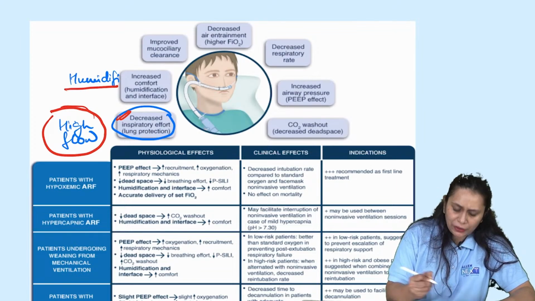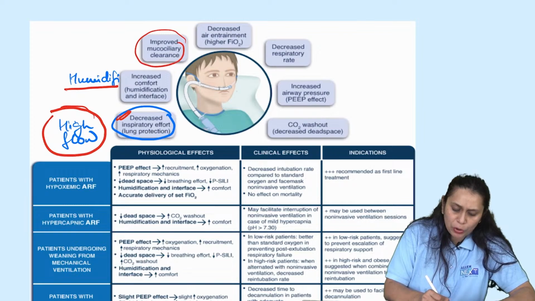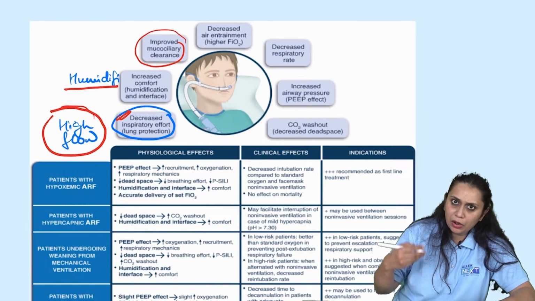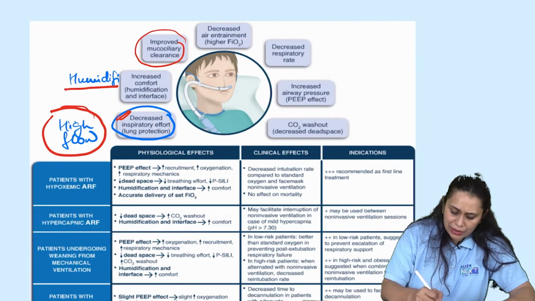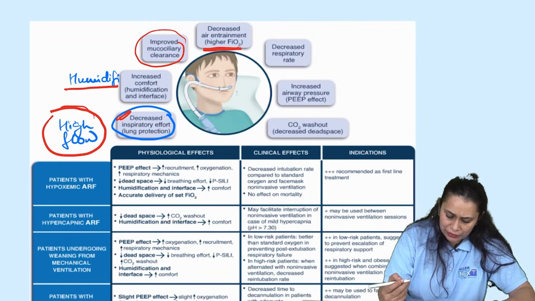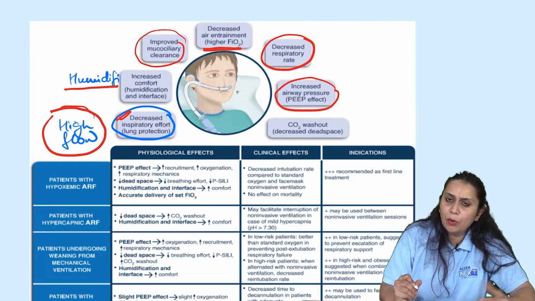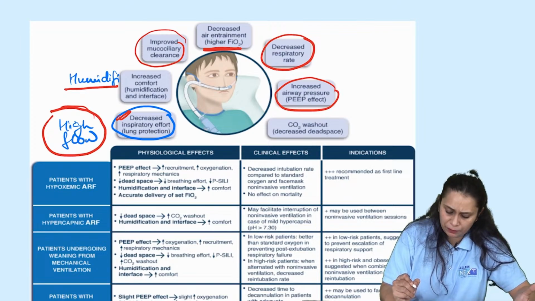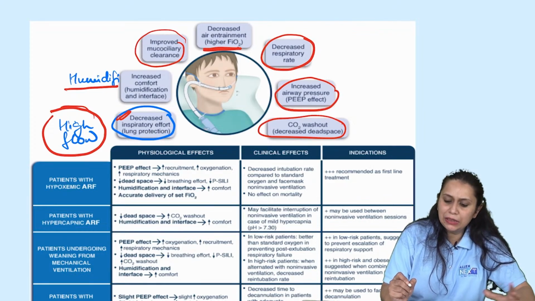Then it gives humidified gas, again increasing the comfort of the patient. It can increase mucociliary clearance because of the heated and humidified gas. It is giving high fixed FiO2, so there is no entrainment of room air. It will decrease the respiratory rate and it will offer a PEEP, positive end expiratory pressure, and it will help in CO2 washout. It will decrease the dead space.